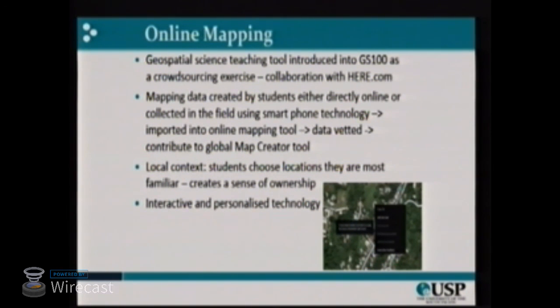So this was a collaboration with Here.com, which is essentially, we'll just say Nokia in Australia. The exercise was to have students create mapped data, either using smartphone technology or directly online, and identifying whether it be locations or roads or other landscape features from where they come from themselves, from their own geographic environment.